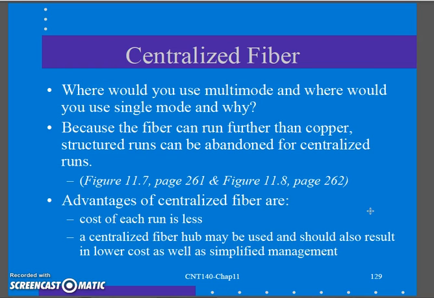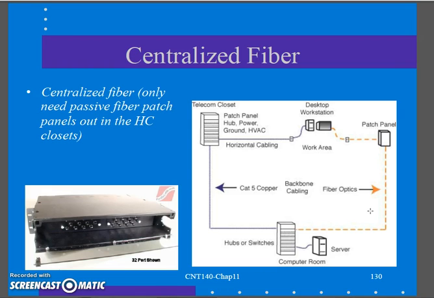They talk a little bit about centralized fiber. You can almost think of this as fiber to the desktop, if you will. So with this, from our closet, we would normally do copper category cabling out to a patch panel, and then horizontal cabling out to outlets on the wall and then the workstation.